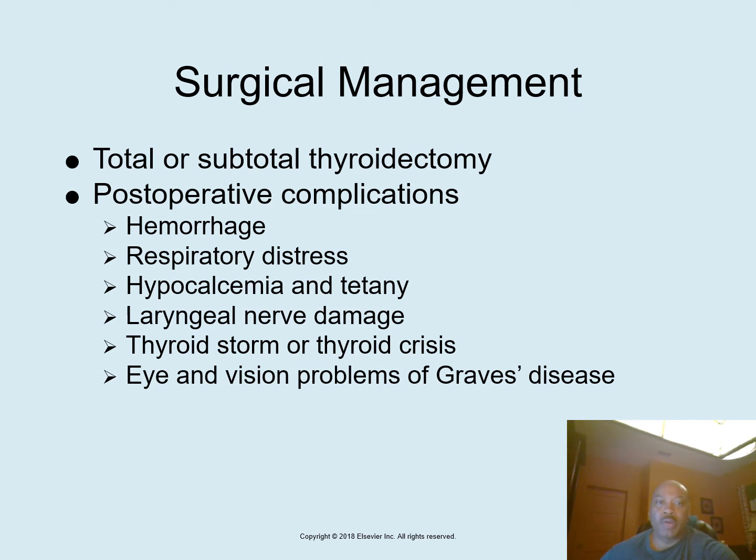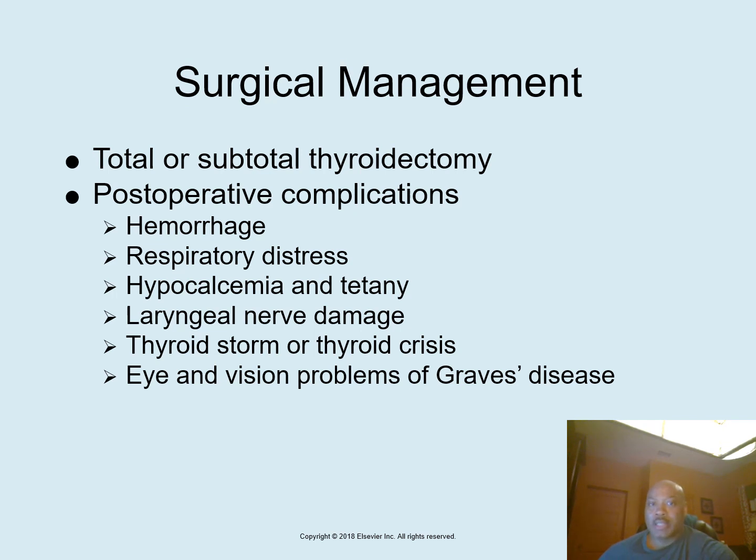We must look for tracheal compression as evidenced by respiratory distress. So if the trachea is compressed, the patient will be in distress. As far as respiratory distress, there's a possibility of respiratory distress with decreased gas exchange, and this can result from swelling or from a condition we call tetany, meaning these patients have low calcium levels as a result.